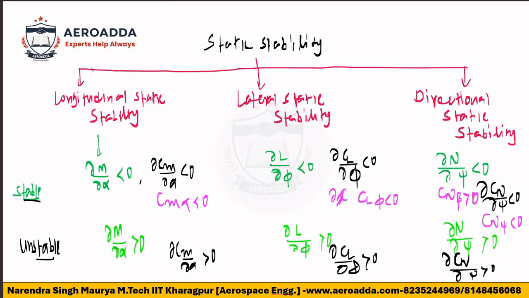For the unstable case, Cn beta must be less than 0. So these are a few analyses you can do on your own. From my side, that is static stability for lateral and longitudinal now.